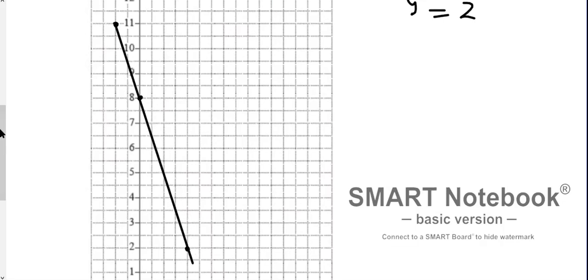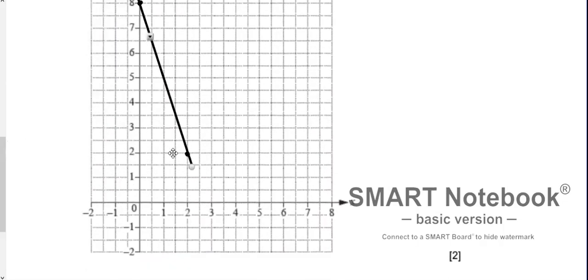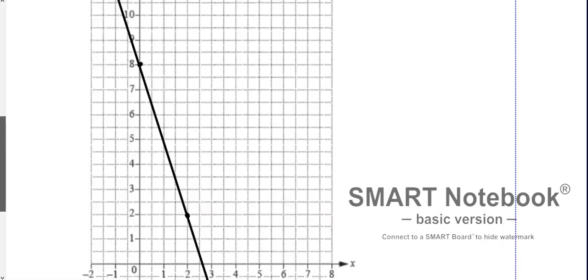But don't end there. You have to extend this line until it touches your graph paper or your grid. Okay, that is how the line will look.